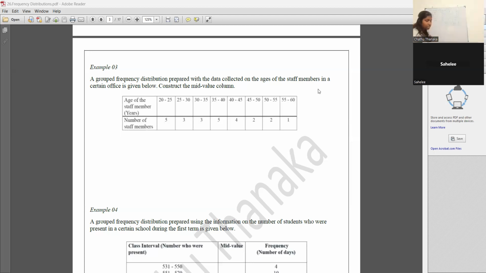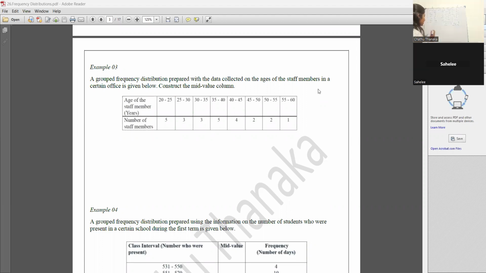The meaning is the sum of the fx column values. Let's get the sum. It's 584.